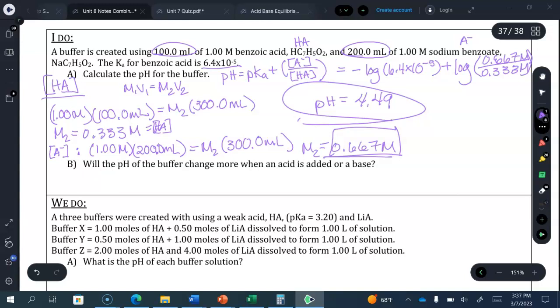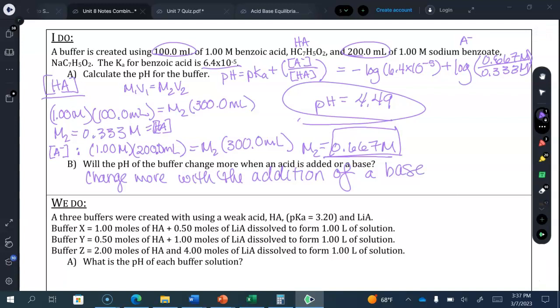My apologies. It will change more with the addition of a base. And this is because the acid in the buffer system is at a lower concentration.